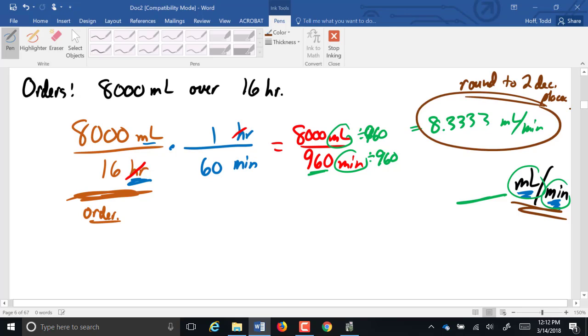So 8.33333 is just 8.33 milliliters per minute. And that's a standard we're just going to keep throughout the rest of the course: when we are looking at milliliters per minute, it is rounded to 2 decimals.